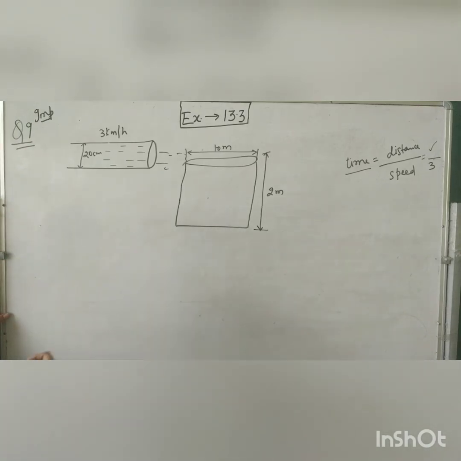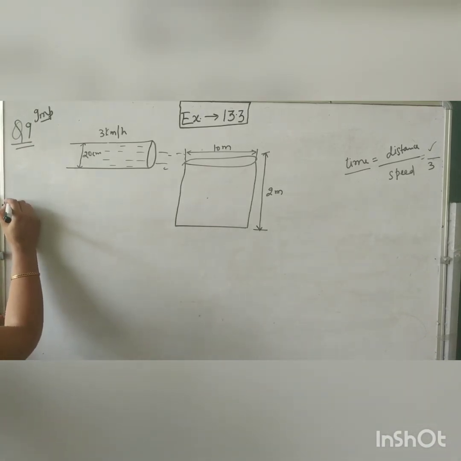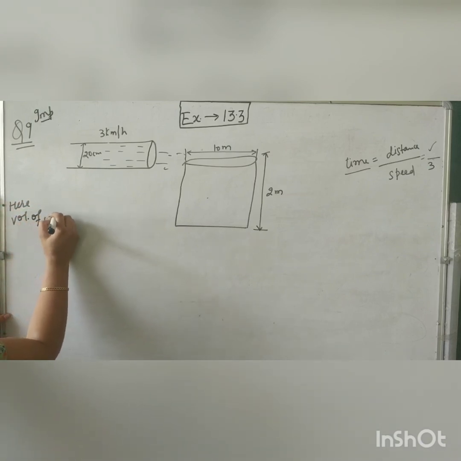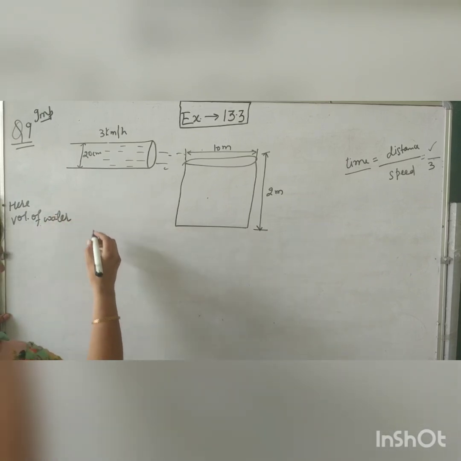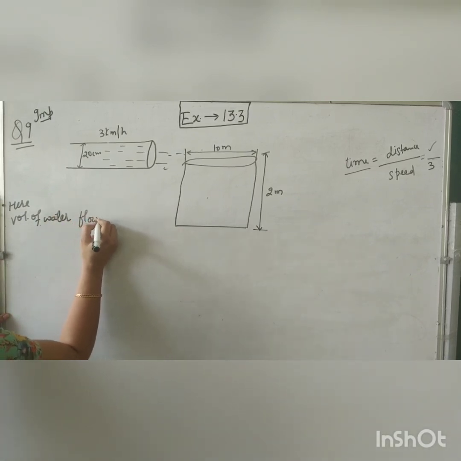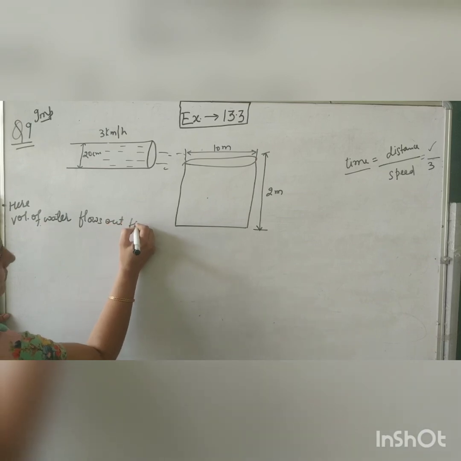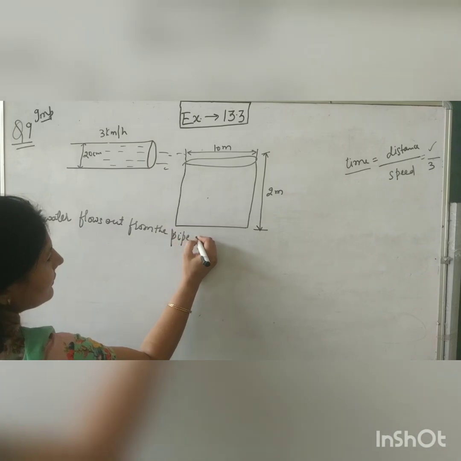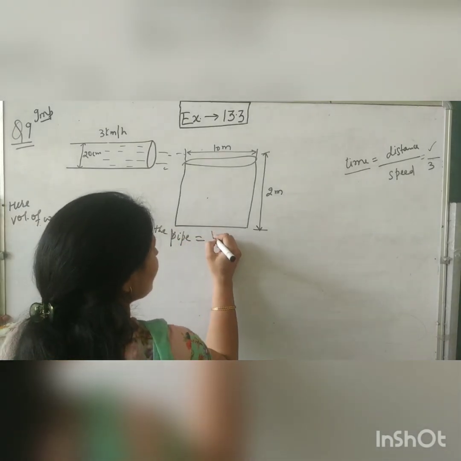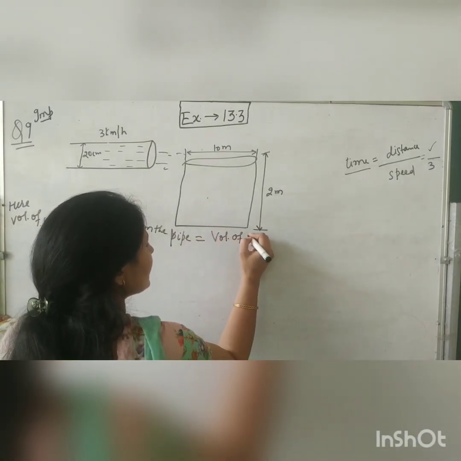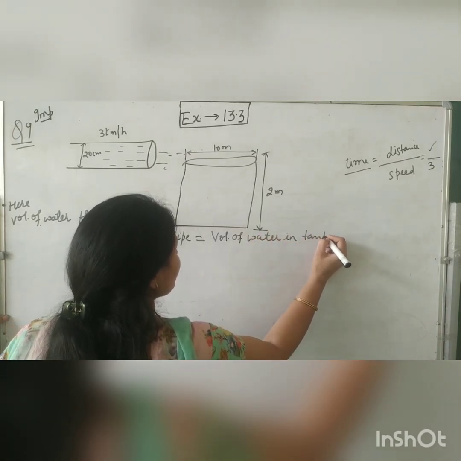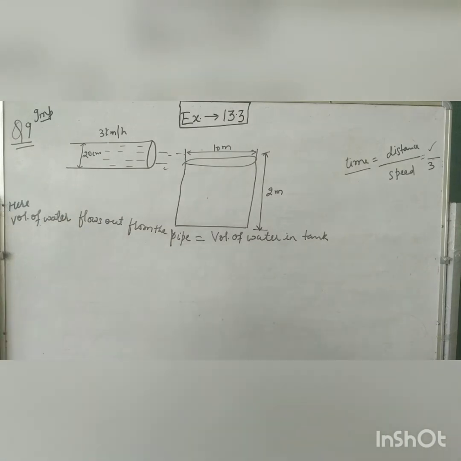So here volume of water flows out from the pipe, that would be equal to volume of water in tank. Have you understood, student, here what I have written?